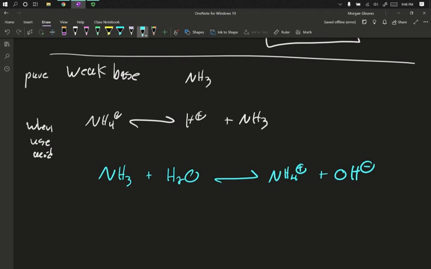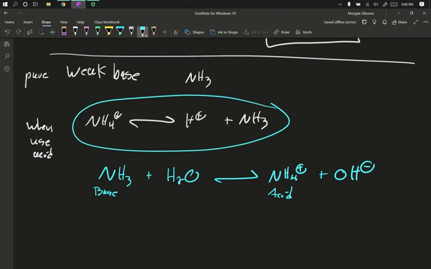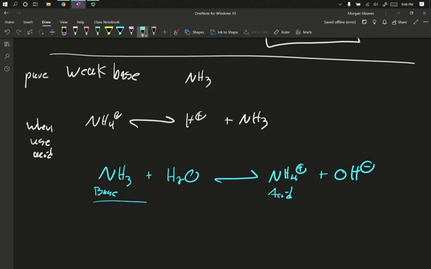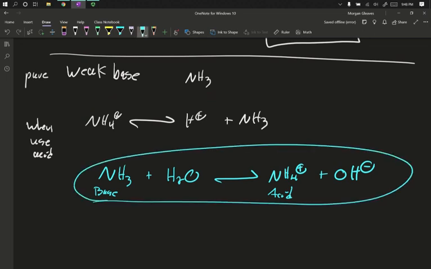This would be the equation using our base acting as a base. So in situations where we're talking about pure weak base, we need to convert our equation. We can't simply look at our normal weak acid expression. We have to think about what the weak base is doing on its own.